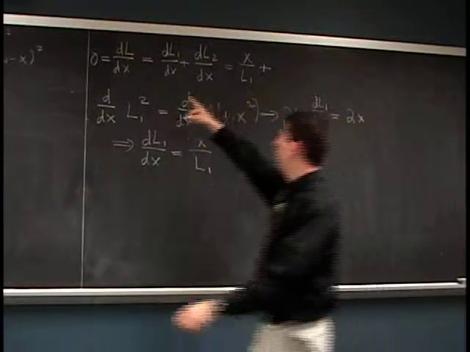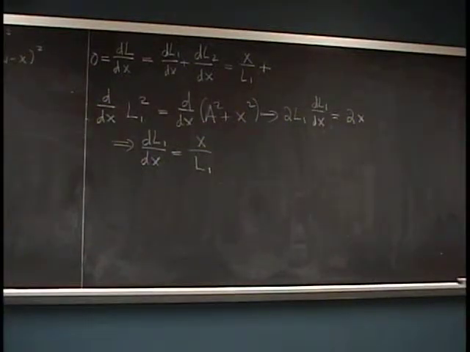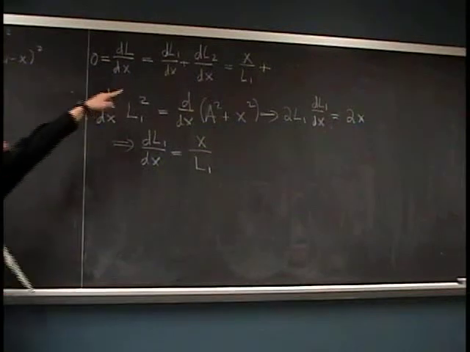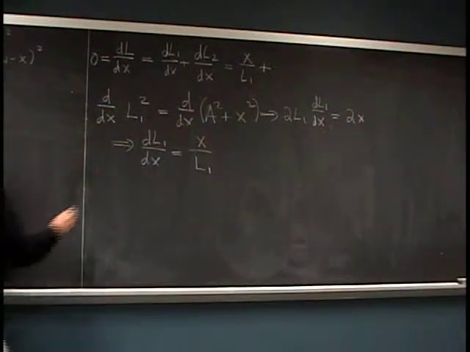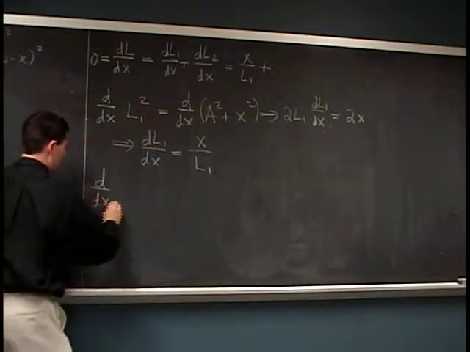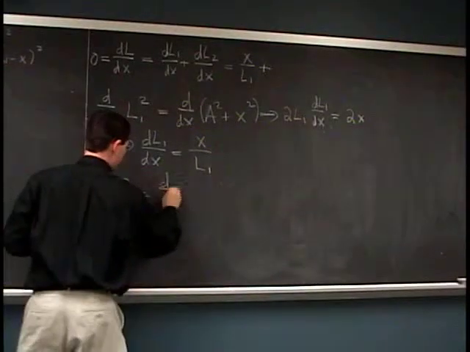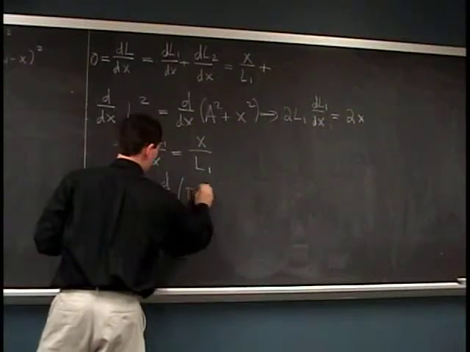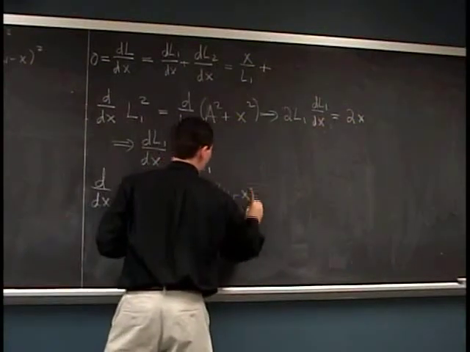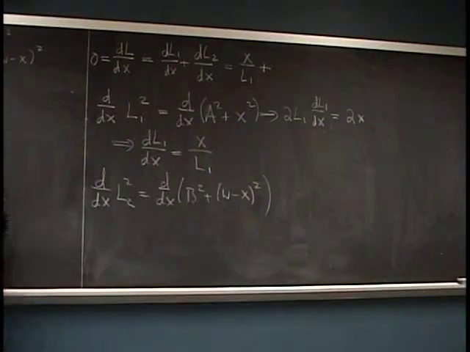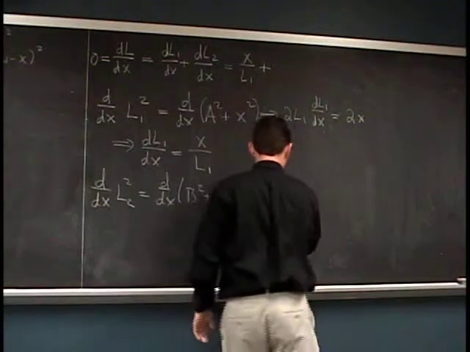All right, we have another thing to do, L2 squared, because we need dL2. So the derivative of L2 squared is the derivative of B squared plus W minus X. Differentiate this second equation.